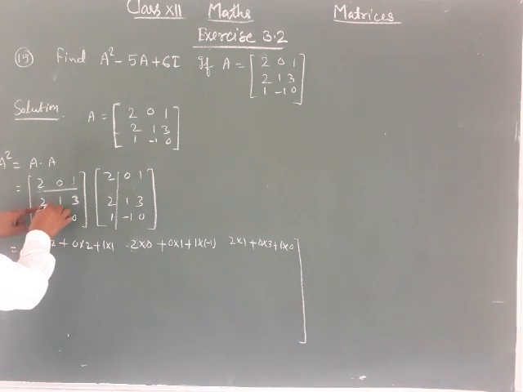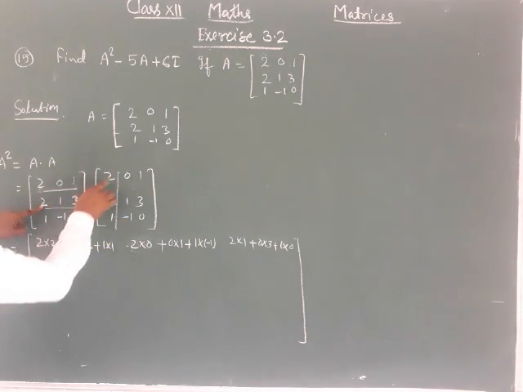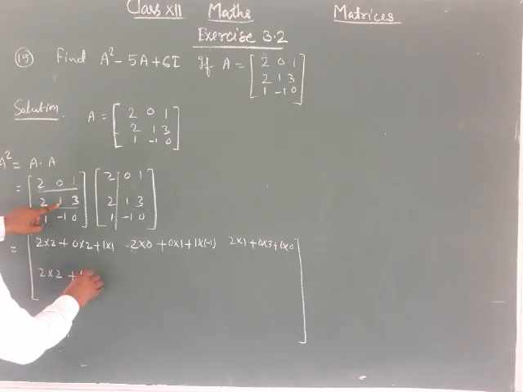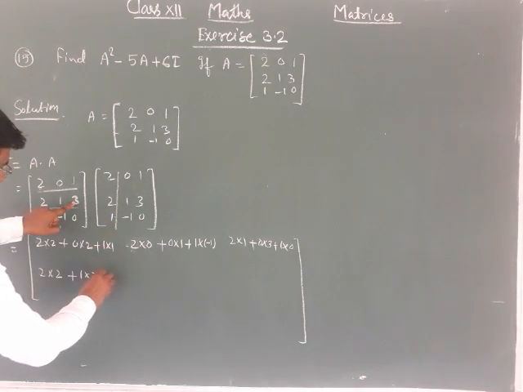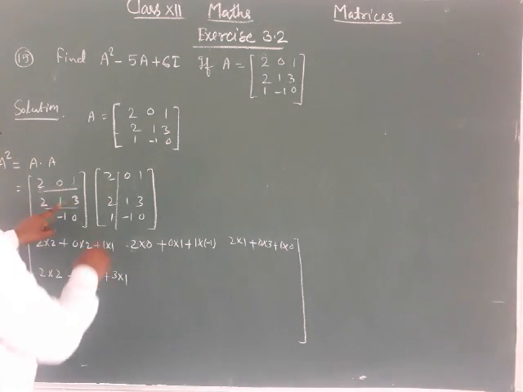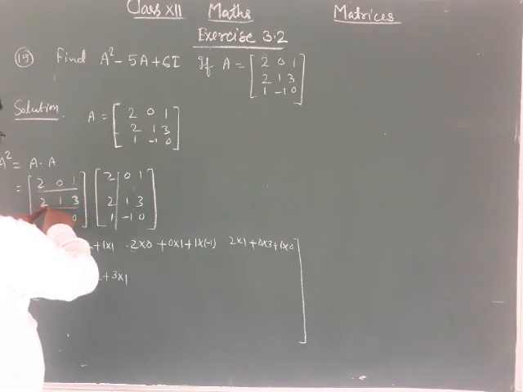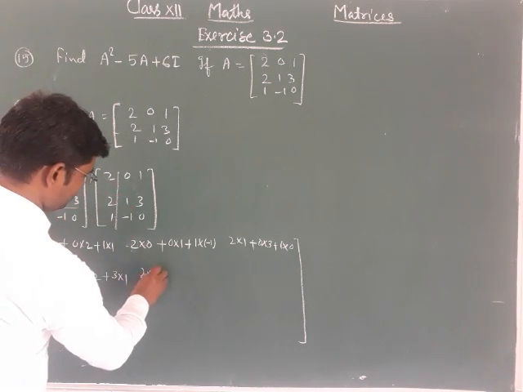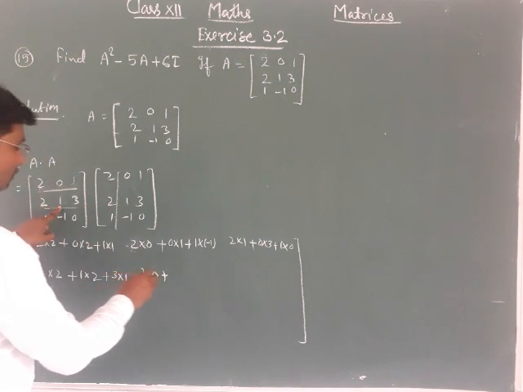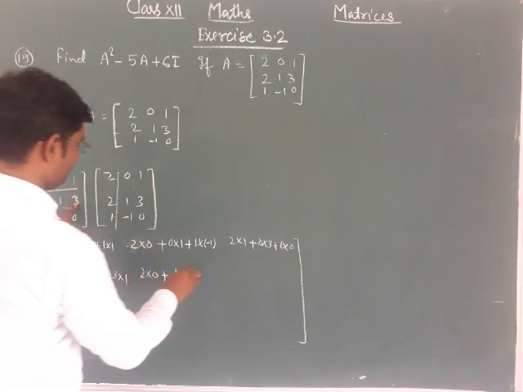Also taking the second row and first column the same way: 2 into 2, plus 1 into 2, plus 3 into 1. Taking the second row and second column: 2 into 0, plus 1 into 1, plus 3 into minus 1.